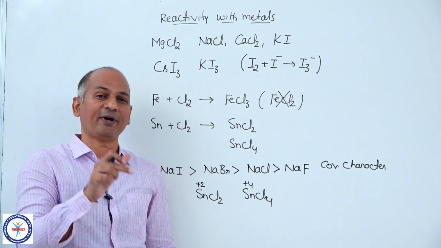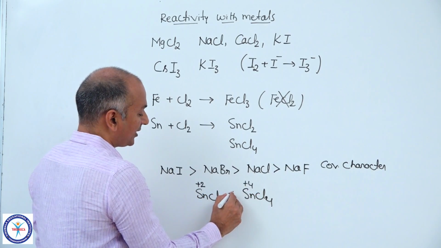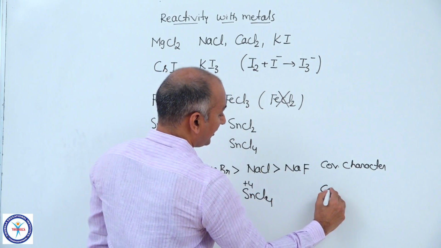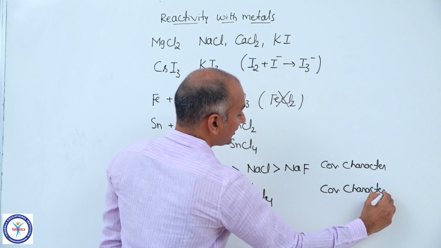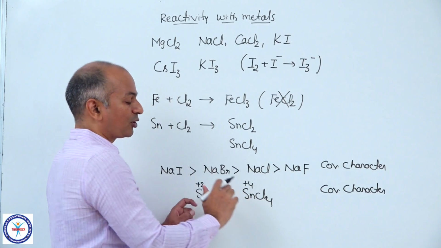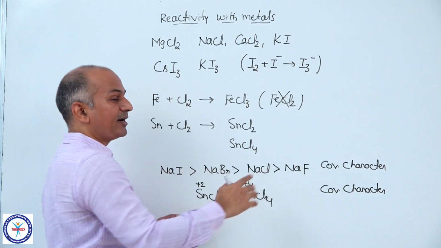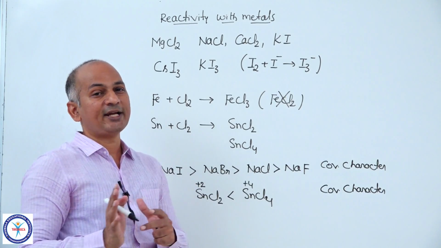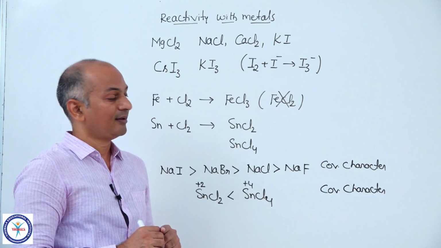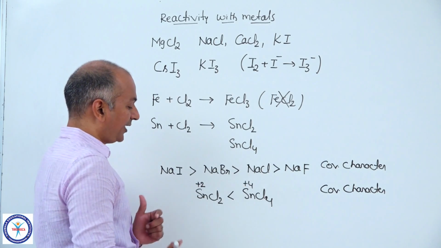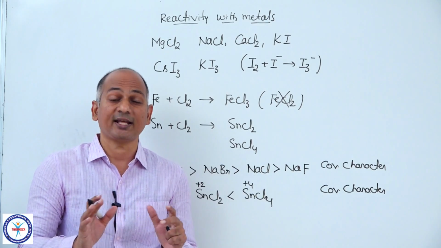So polarizing power is higher. So that is more covalent. So more the oxidation state of the central metal ion, more is the covalent character. And if oxidation state of the metal is same and metal ion is also same, iodides are most covalent and fluorides are most ionic.